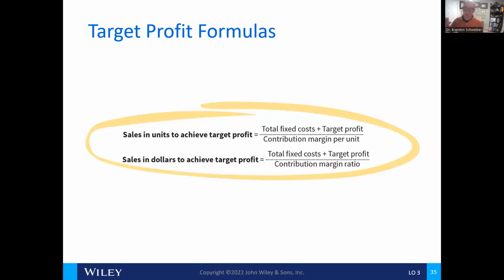To find it, we take the total fixed cost plus the profit we desire to have in the future, divided by contribution margin per unit. This will tell us how many units we need to sell in order to achieve our target profit. To find it in sales dollars, we take the total fixed cost plus the target profit divided by the contribution margin ratio.